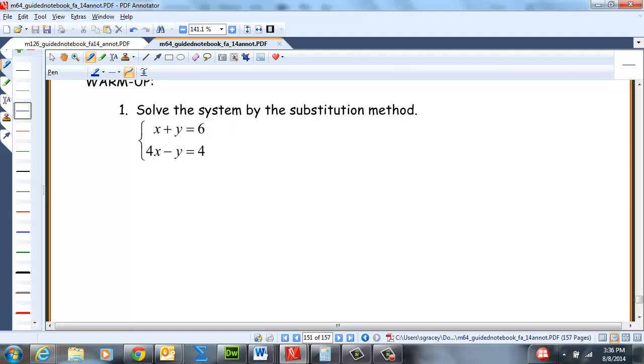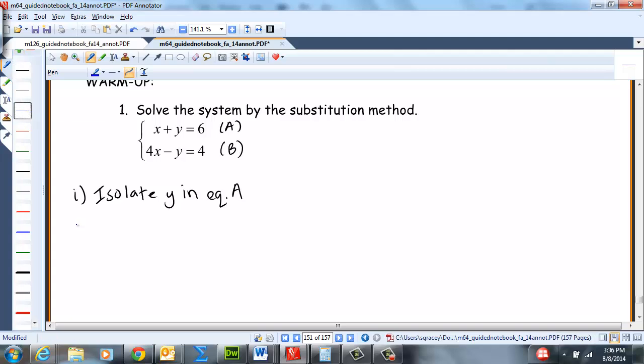If we name this equation A and equation B, our first step, if we're using the substitution method, would be to isolate y in equation A. I think that'll make things nice.